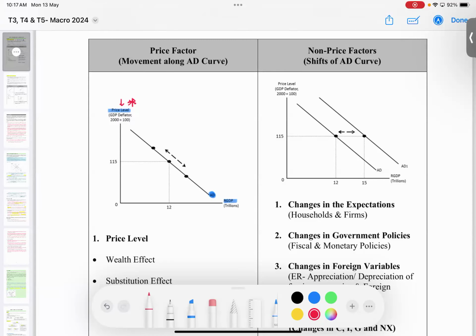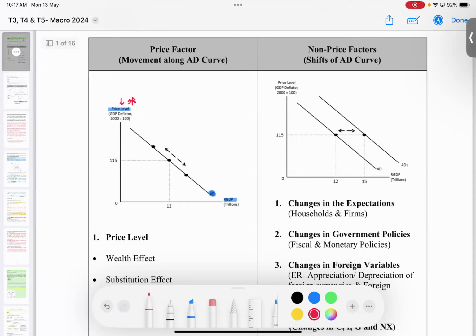So remember, when you label your y-axis there, make sure that you put it as price level. When you talk about the price factor, that means the price level affects the real GDP demanded. For example, when the price level is high, the quantity of real GDP demanded will fall. You can see this kind of relationship.